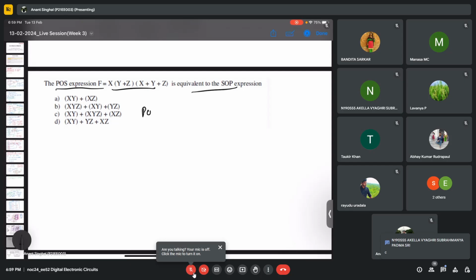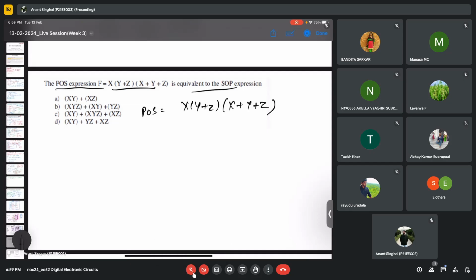This is a POS form. I'm writing it. So we need to convert it to its SOP form. So we can either use a conventional way, we can directly solve it. If I'm just opening the bracket, it will be xy plus xz, x plus y plus z.